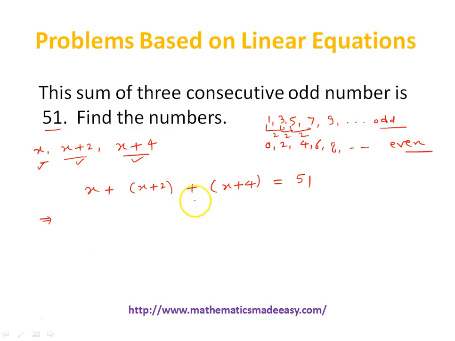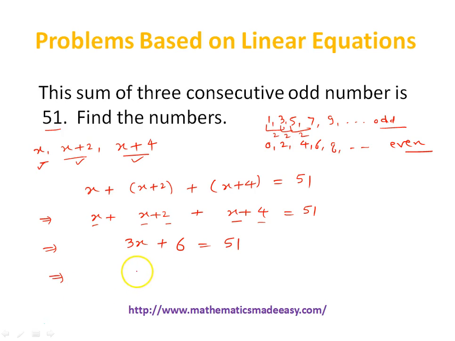So let's open the brackets first. x plus x plus 2 plus x plus 4 equal to 51. Now we'll add the similar terms, 1x, 1x and 1x. How much would it become? 3x. We'll also add the constants 2 and 4, that would become 6, that will be equal to 51.